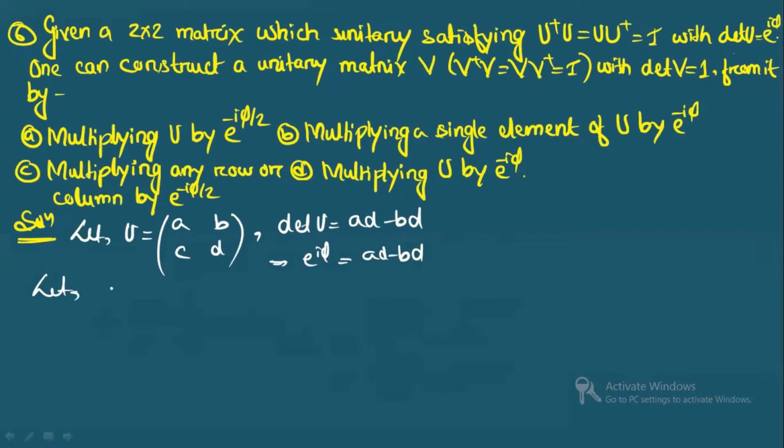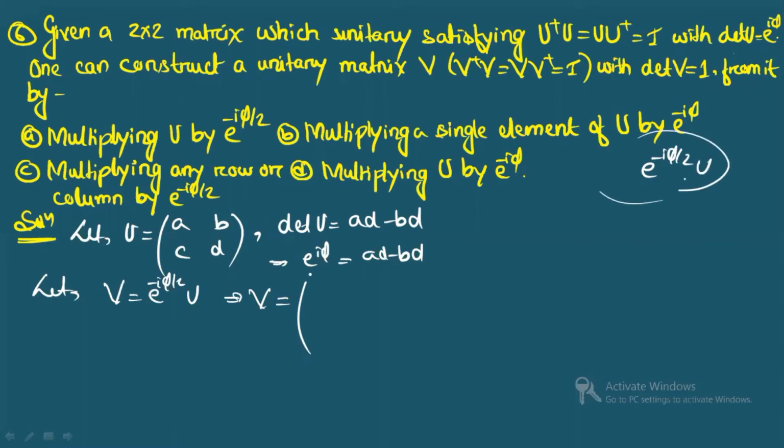Now, if I consider that V is equal to e to the power minus iφ by 2 multiplied with U. So V is equal to this. Now we will write V in the matrix form. It is e to the power minus iφ by 2 multiplied with the matrix U. Right.